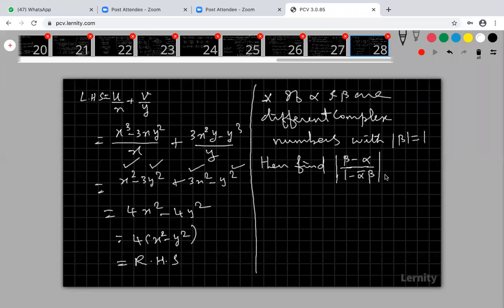What is the value? Find this. You please take this problem and find the answer for this.